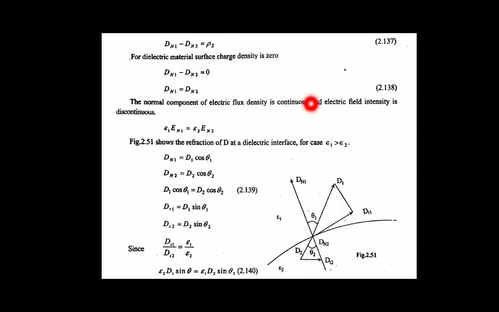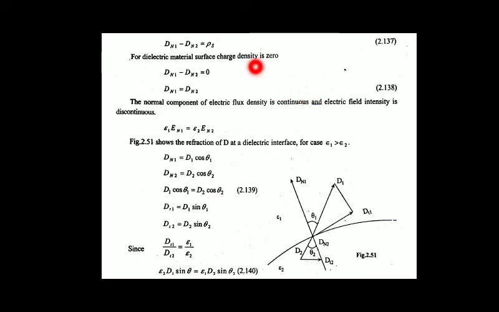So the total charge is from the top and bottom: Dn1 ΔS minus Dn2 ΔS, and ρS ΔS is the surface charge. The ΔS terms cancel out. The remaining term is Dn1 minus Dn2 equals ρS. But for a dielectric material, the surface charge density is 0. So ρS equals 0.